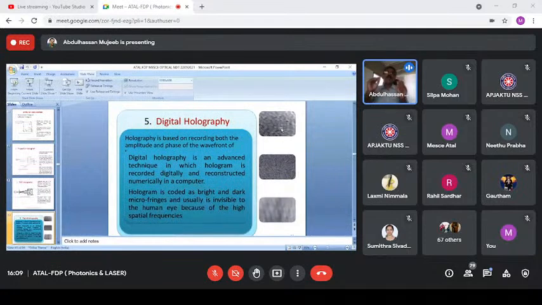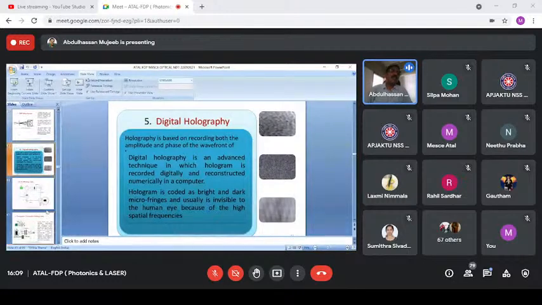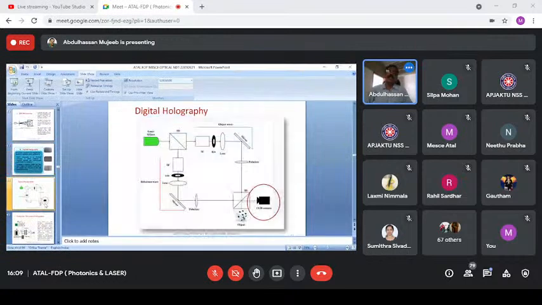When you see a hologram, you cannot directly see the object. It is visible as a fringe pattern. But when we reconstruct, only then will the fringe pattern give you the object. This is a digital holography setup. This is a CCD camera. The light is split into two by a beam splitter.